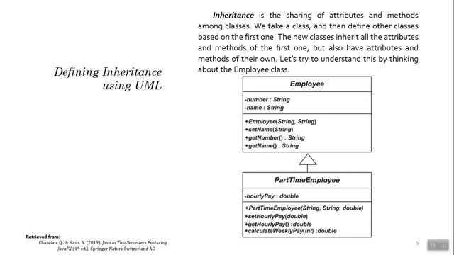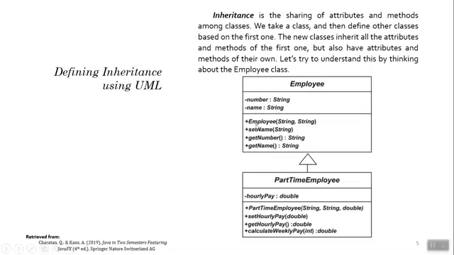Let's try to understand this by thinking about the employee class. Using the UML from our early modules, we have here an employee class. Let's say this is an existing class from your friend or colleague. It has an attribute number, which is a string, I'm not sure why, and name, which is of data type string.